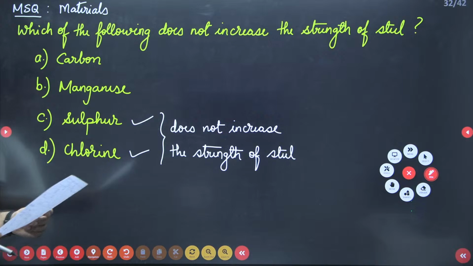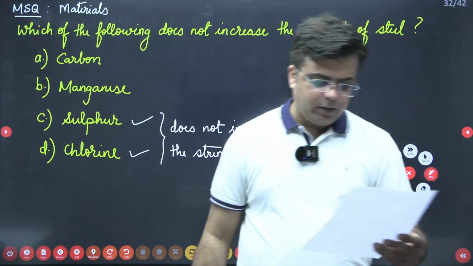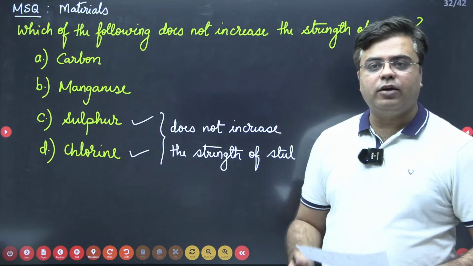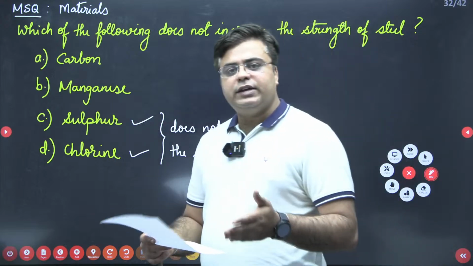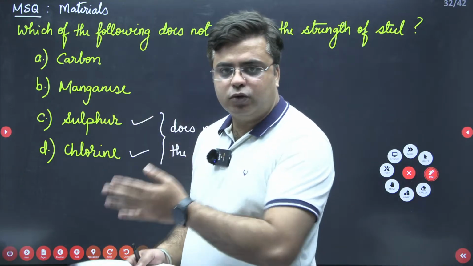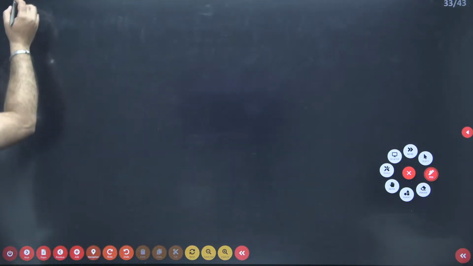Now next, we have one more question. This is from, I think, environment, and this is a matchmaking question where you need to match list 1 with list 2. Some solid wastes are given to you and the methods of disposal you need to match. So this is the question from environment for matchmaking.